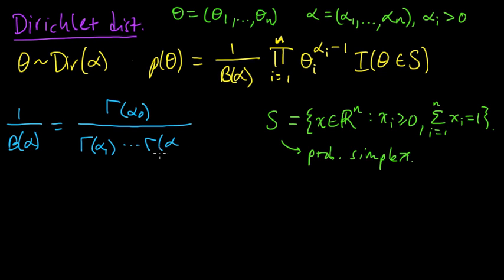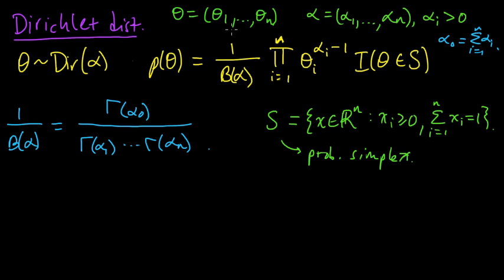So it's gamma of alpha_0 over the product of these gamma functions, gamma of alpha_i, product of all those, where alpha_0 we define to just be the sum of all the alphas, i from 1 to n. So that's this alpha_0. So that's the Dirichlet distribution. That's it. It's defined by this density function, and it's a distribution over these n-dimensional real-valued vectors.